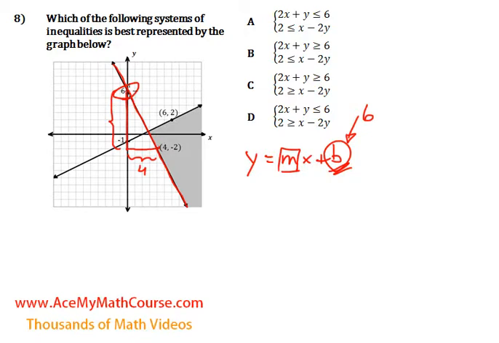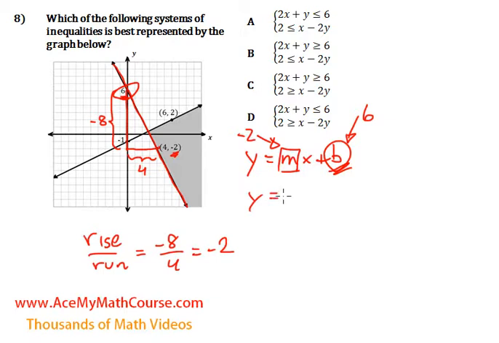We're going down by 8 units, from 6 all the way down to -2, vertically. So -8 is the rise. So rise over run is -8 over 4, which is -2. So you can plug in the -2 for m. So we have y equals -2x plus 6.